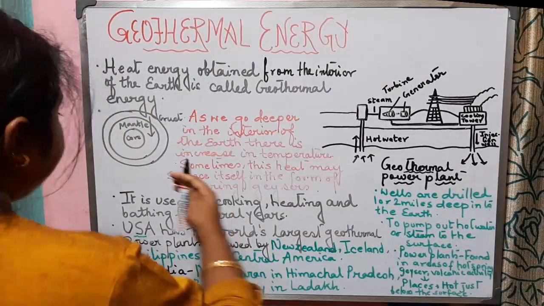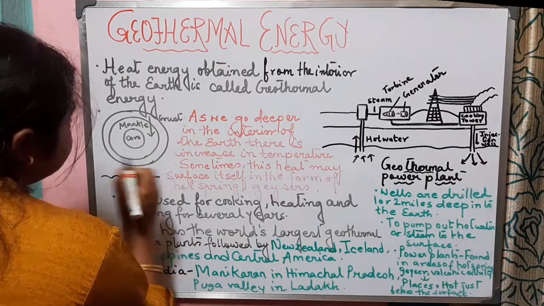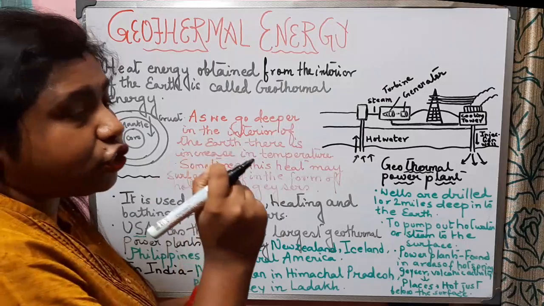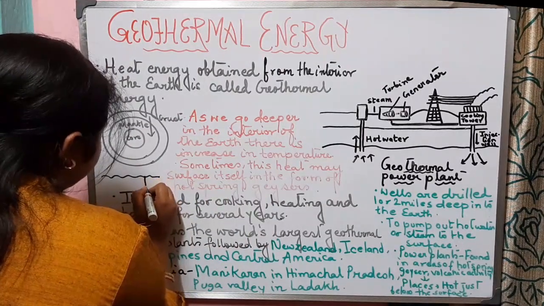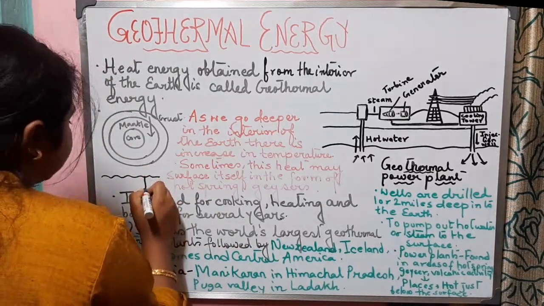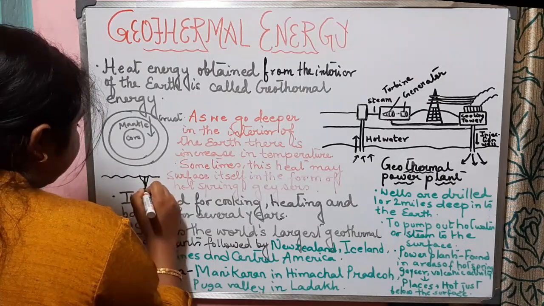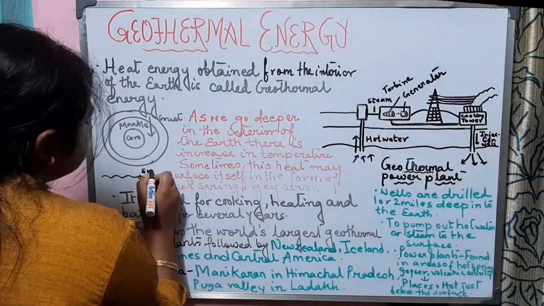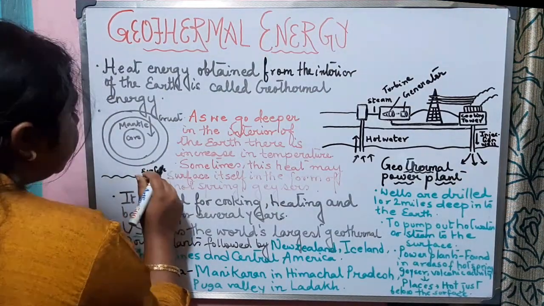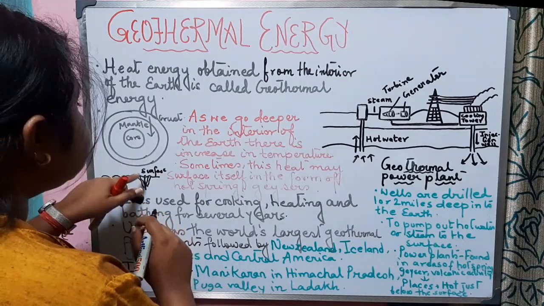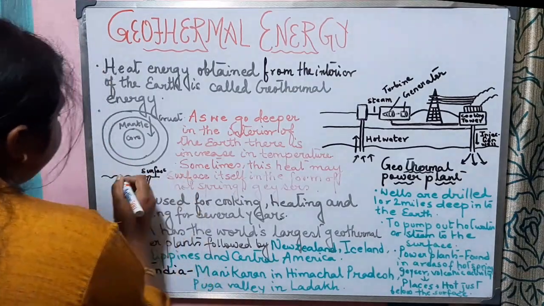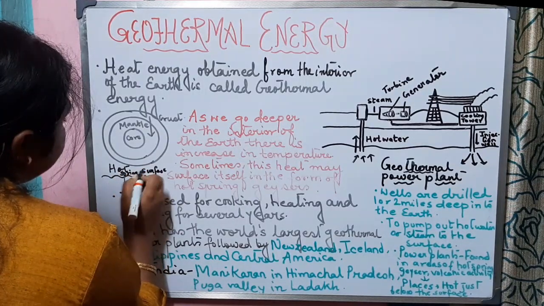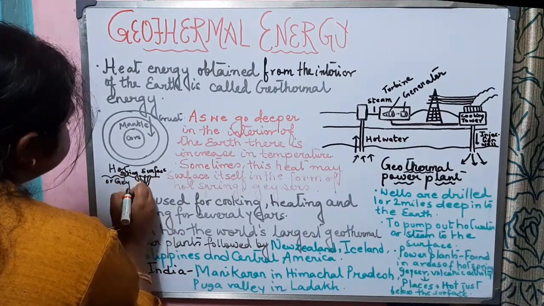Sometimes, on the surface of the earth, there are natural cracks or fissures, and through these natural cracks or fissures, the heat from inside of the earth reaches the surface in the form of hot springs or geysers.